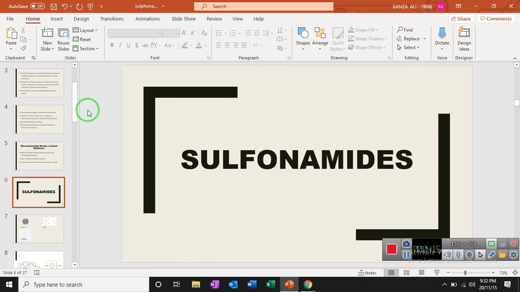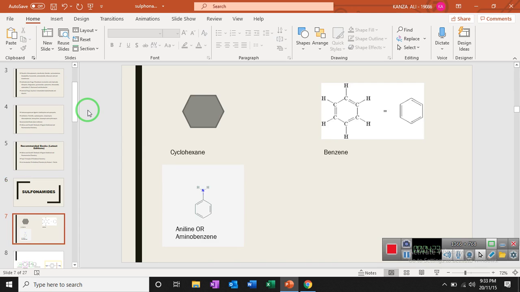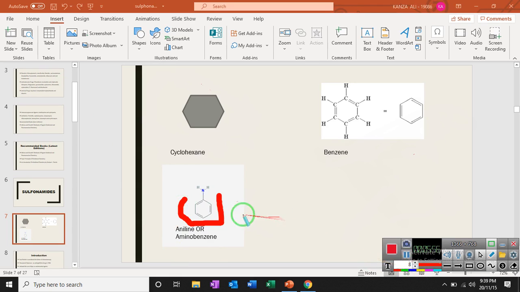Okay, now we are going to start our first topic, that is sulfonamides. Why have we selected sulfonamide? If an amino group is substituted on benzene, it becomes aminobenzene or aniline, but we are not considering the position; it can be at any position, all the same.